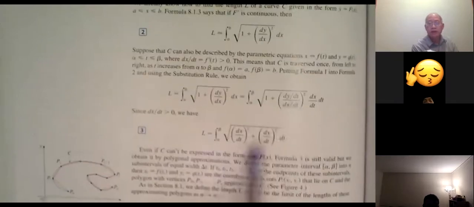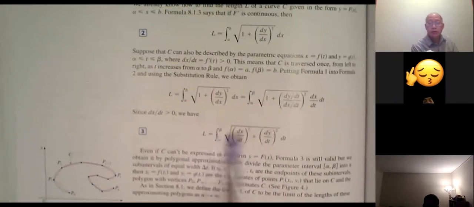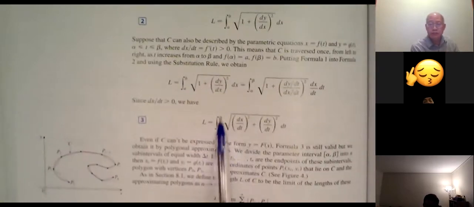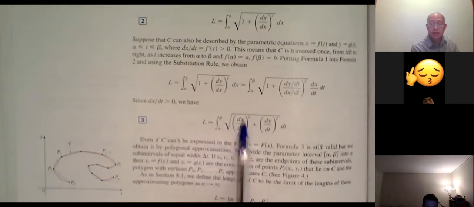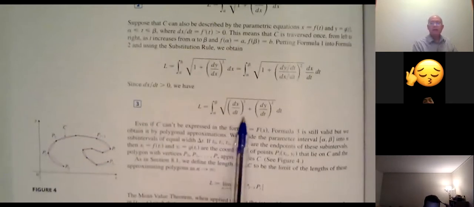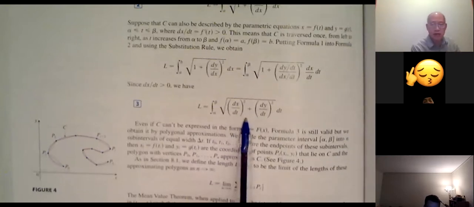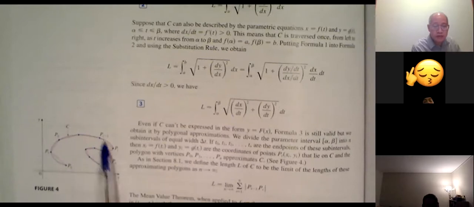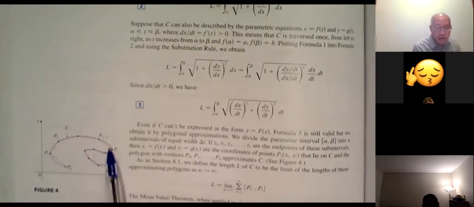So for arc length, we have this formula that you have on this coming test. When you have parametric equations, square root of (dx/dt) squared plus (dy/dt) squared, dt. And if you stop and think about it, that looks more like the Pythagorean theorem, right? Any one of these pieces looks like the hypotenuse of something, where you have a delta x and a delta y.